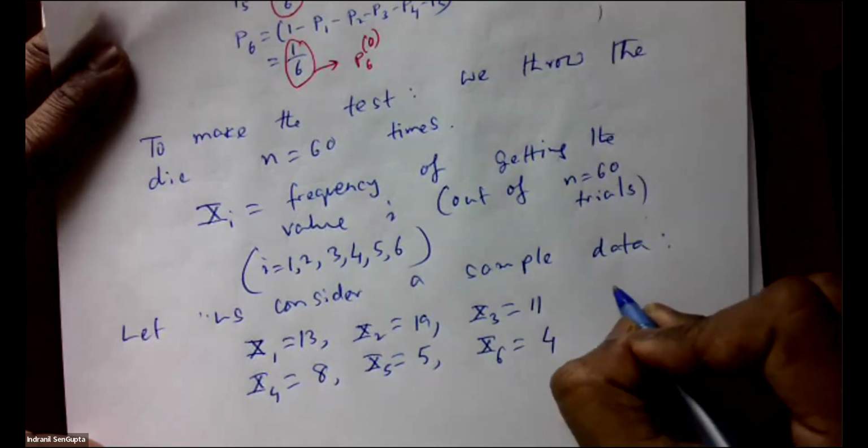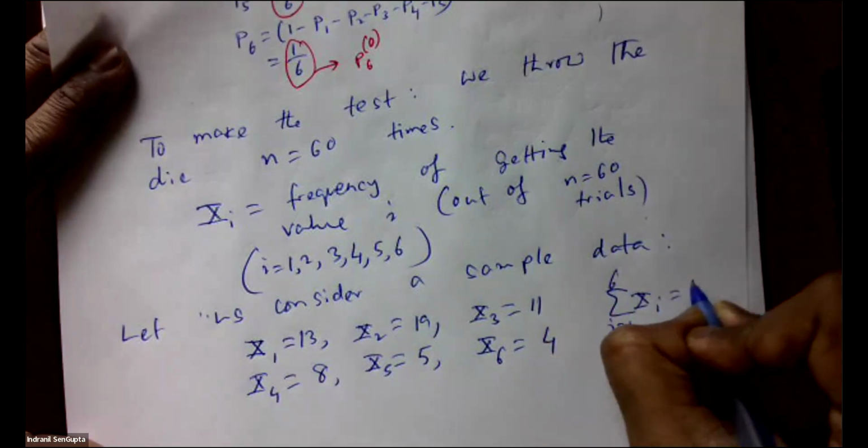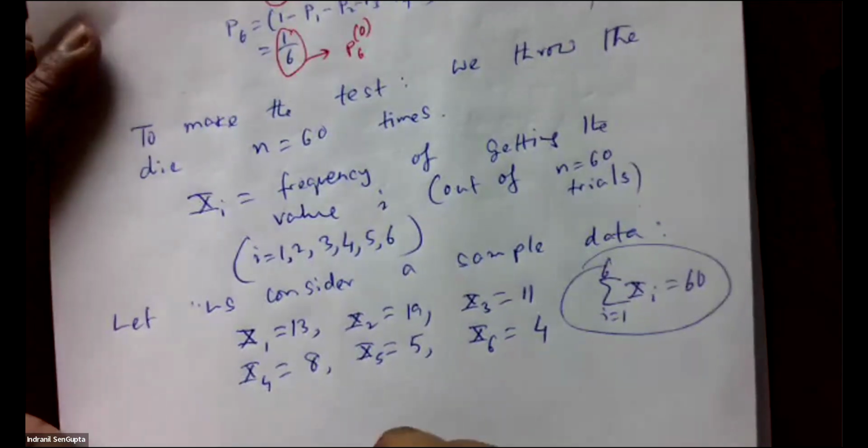If you see that, then the summation of xi's, i from 1 to 6, is 60. If you add all these numbers, it's 60.